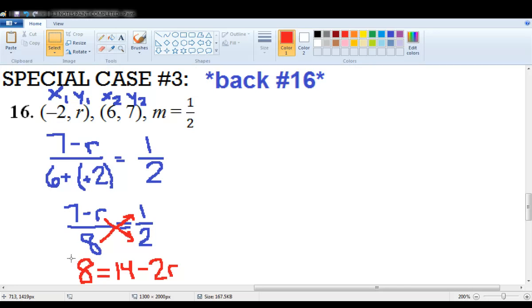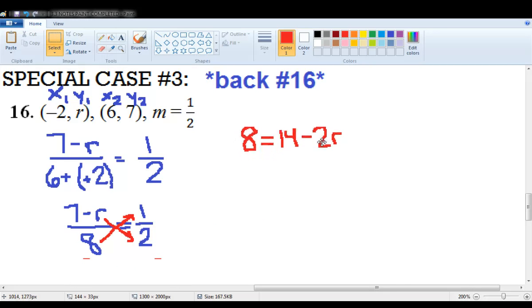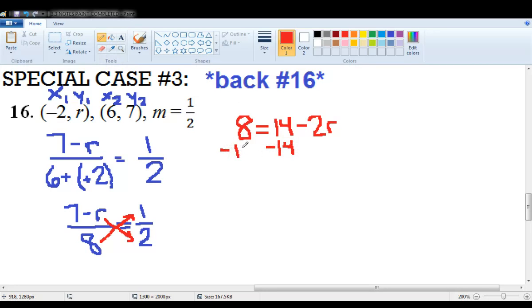Okay, now I'm going to bring that up a little bit because we have 2 more quick steps before we finish. And those 2 steps would be subtracting 14 from both sides. That would give you -6 equals -2r.